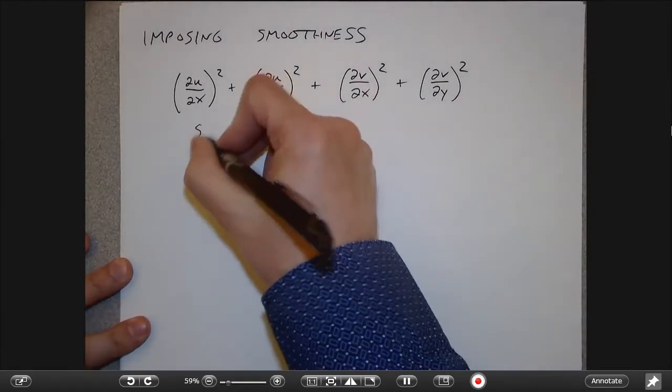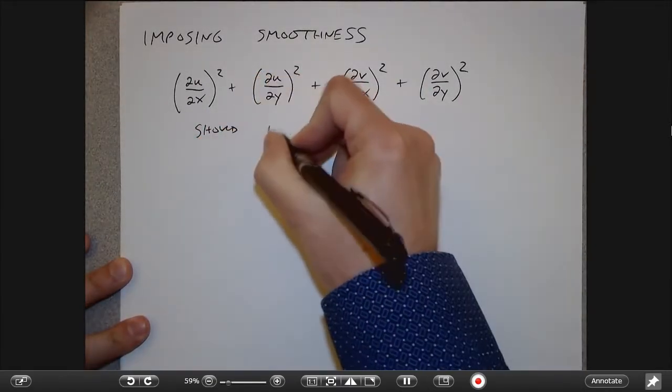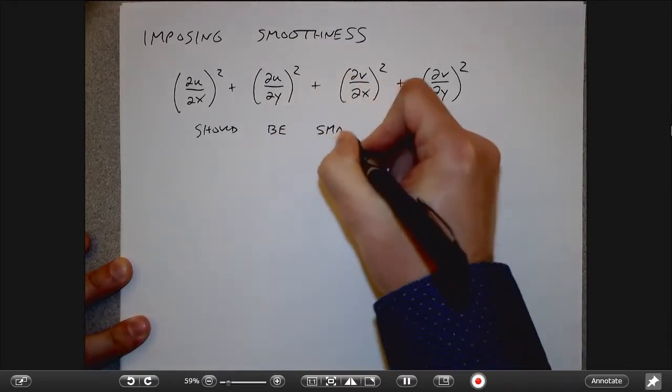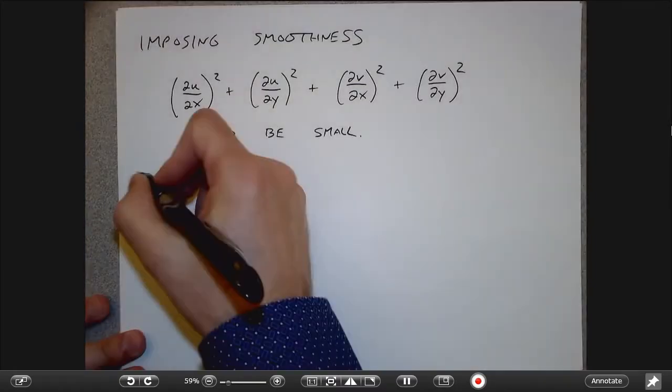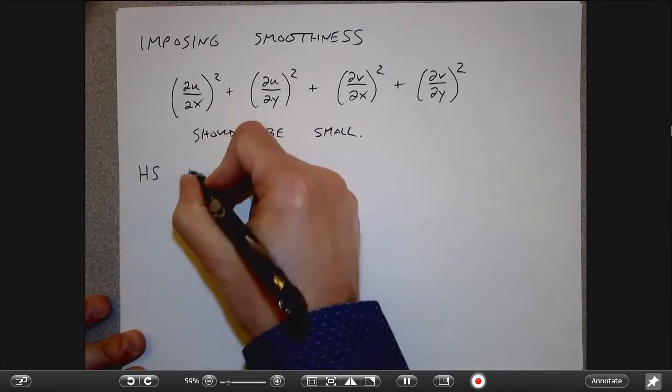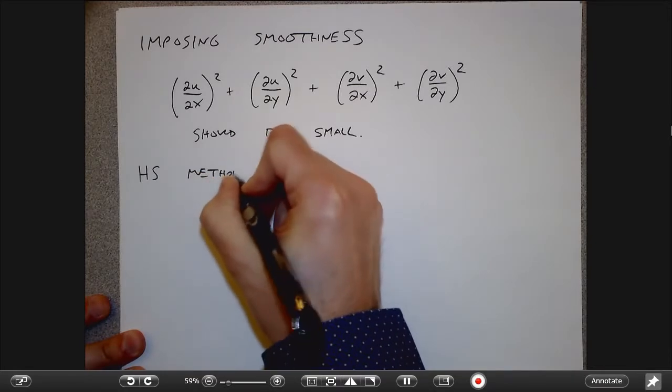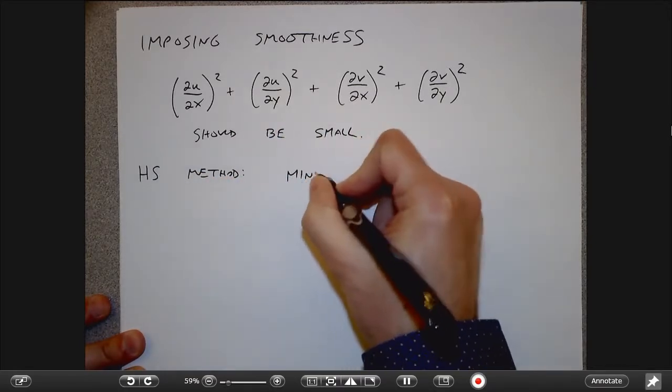So the idea is I want this to be small. That's like saying I shouldn't get very many big changes in the flow vectors, okay?